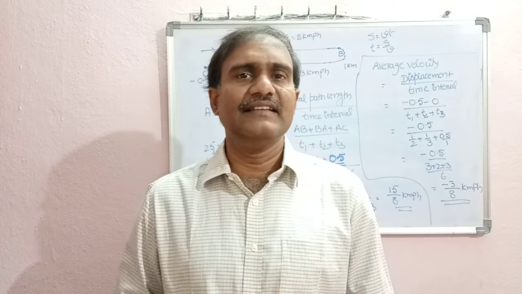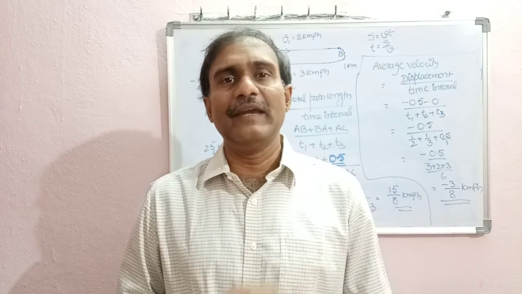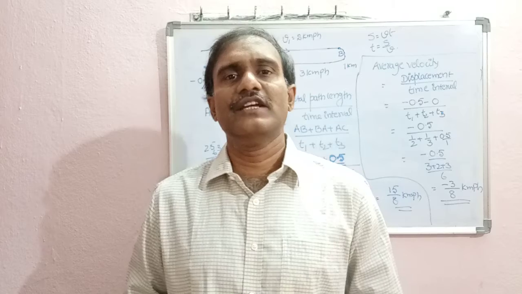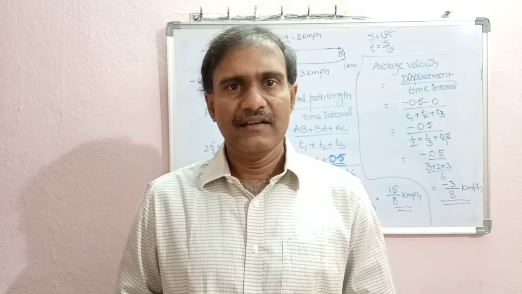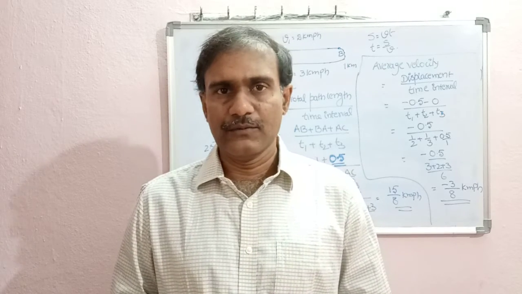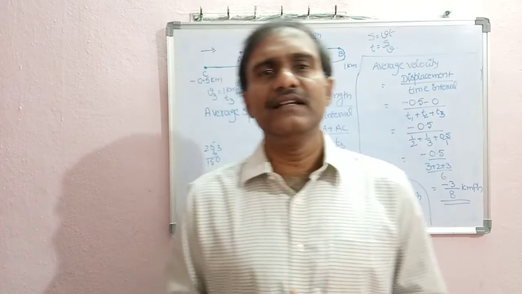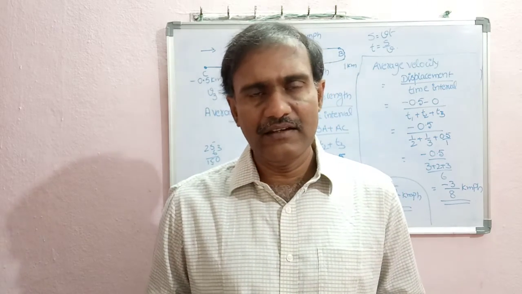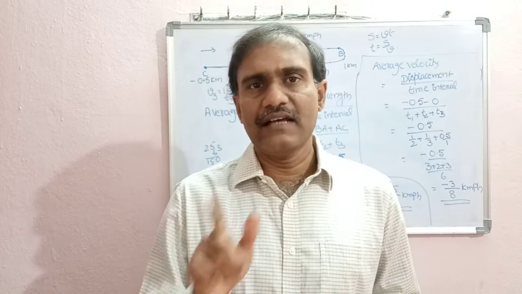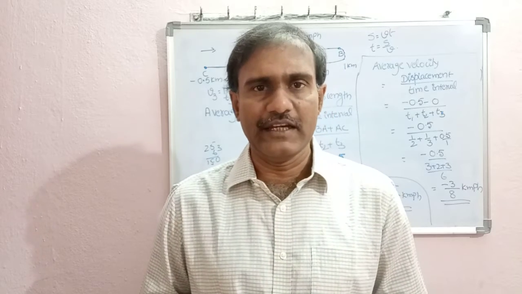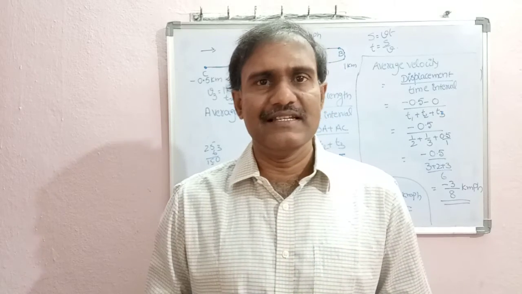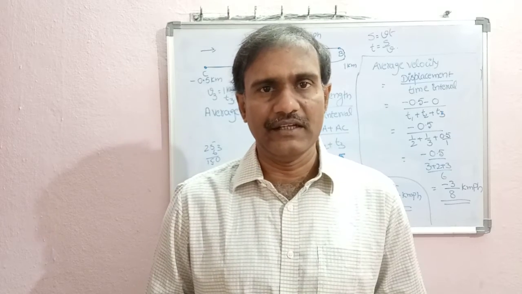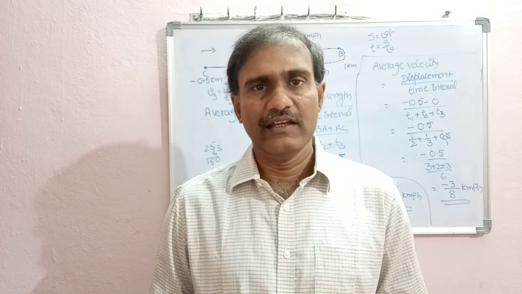And also we can say that average speed is always greater than or equal to average velocity. Remember that also. When the particle is moving along the same straight line, average velocity is equal to average speed. If the direction changes, average velocity is not equal to average speed. Okay, thank you.